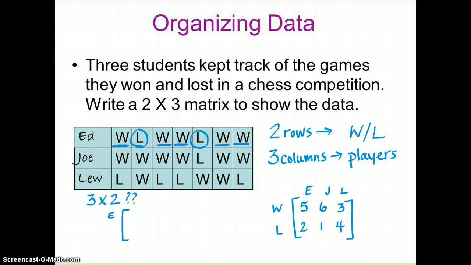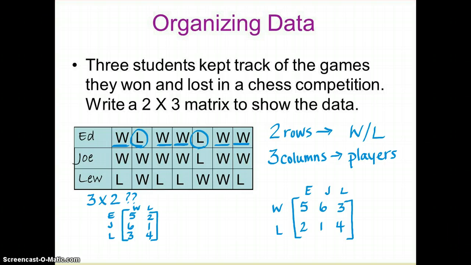I will make my rows be my 3 players, and these be my wins and my losses. So I'll take the same information: Ed's wins, Ed's losses, Joe's wins, Joe's losses, and Lou's wins and Lou's losses. Same information, just a little bit different format depending on how you want that data organized.